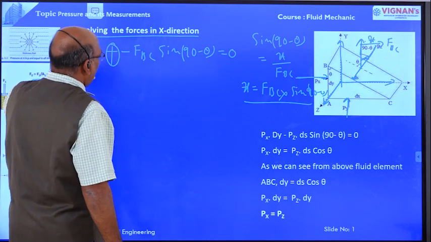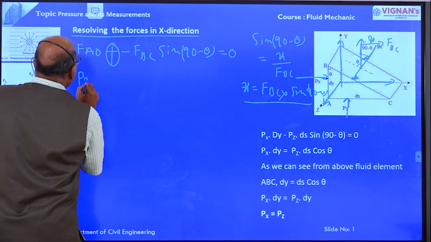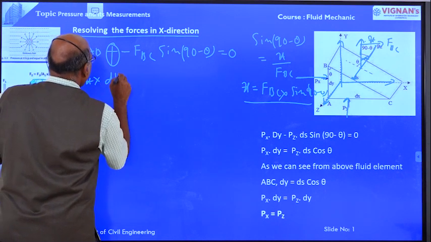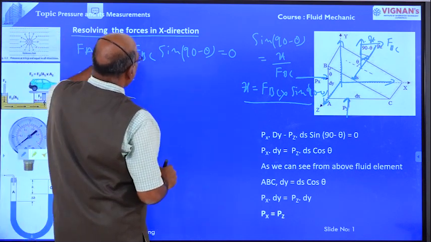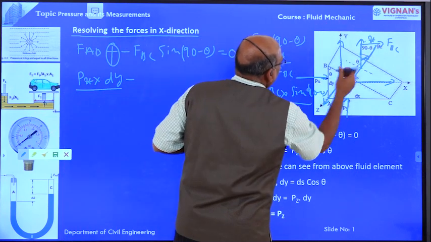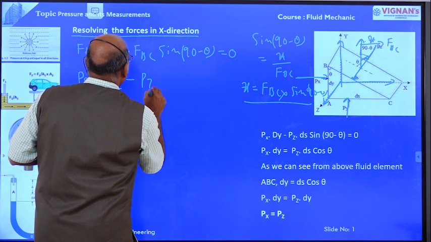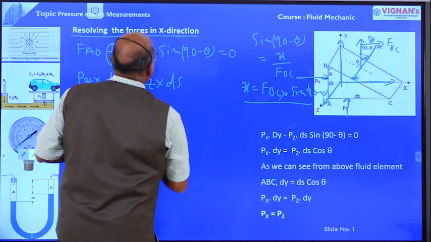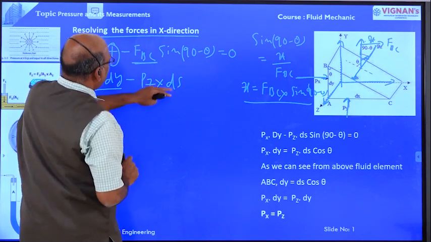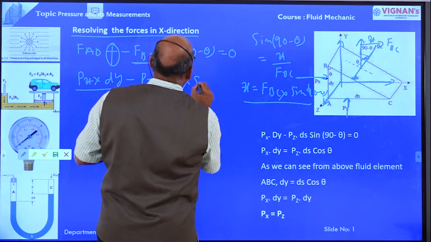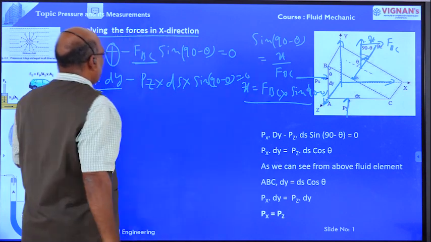Now, force AB, already we have determined, that is equal to Px into dy, the force acting in the x direction, minus force acting on the face BC, that is also we have determined, that is equal to Pz into ds. Right? Force BC is nothing but Pz into ds into sine 90 minus theta is equal to 0.